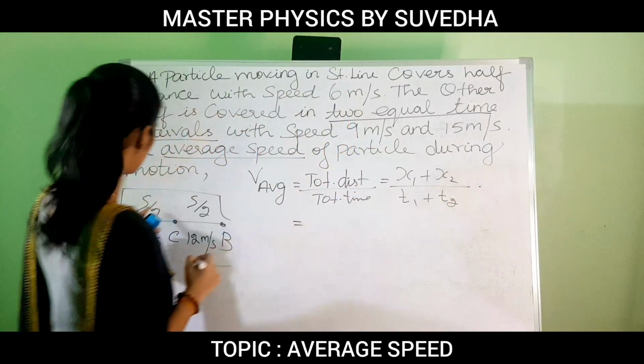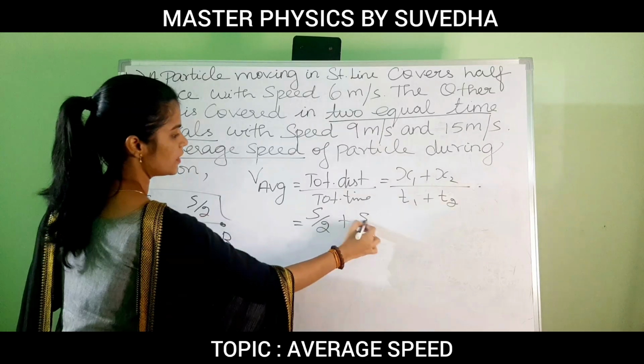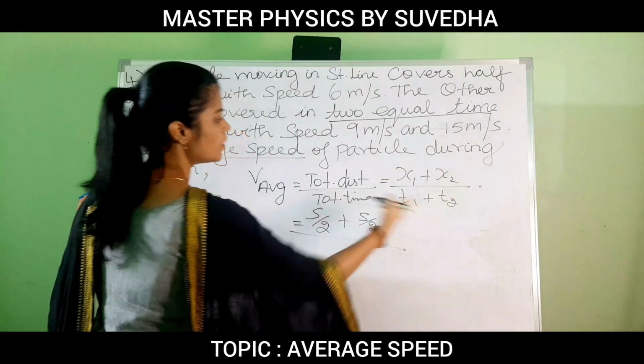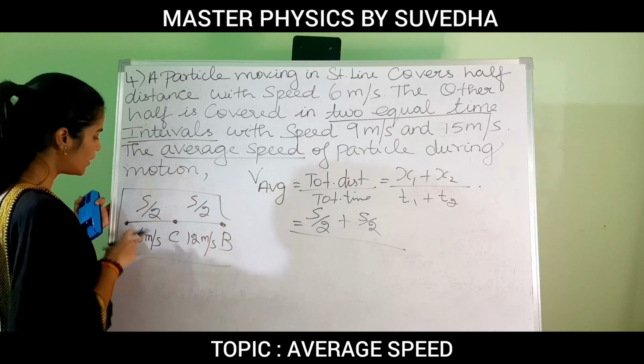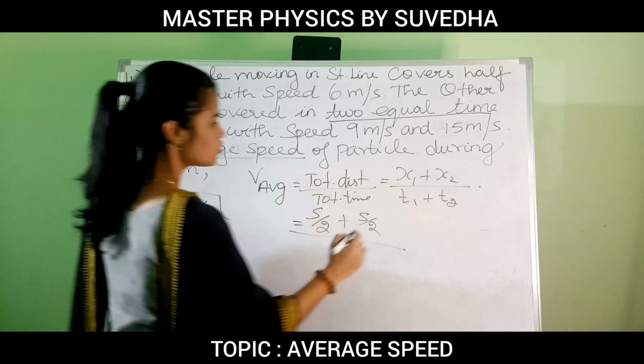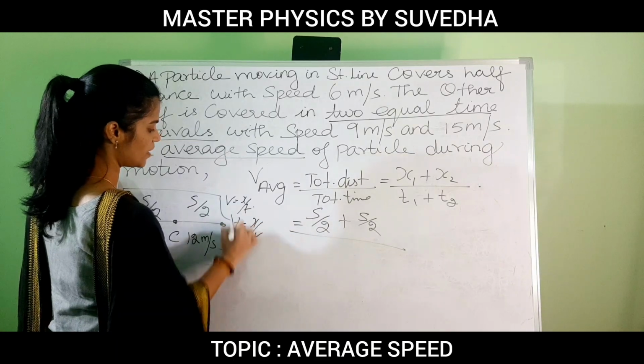Now what about X1 here? S by 2, and X2 is S by 2. And what about T1 and T2? They didn't mention any direct data. Instead they mentioned the distance and the speed. So V equals X by T, and now we have to find T as X by V, right?